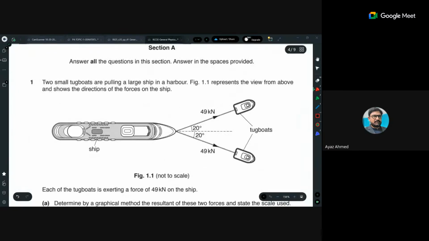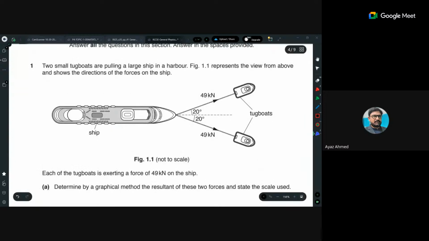Okay, now we are talking about the next question, question number 1 actually. There are 2 small tugboats pulling a large ship in the harbor. Figure 1.1 represents the view of the ship and the boats above.